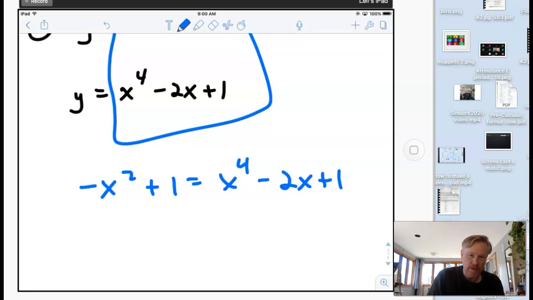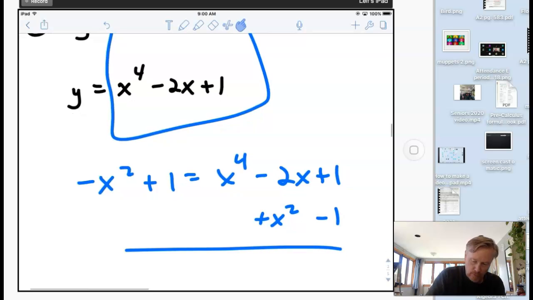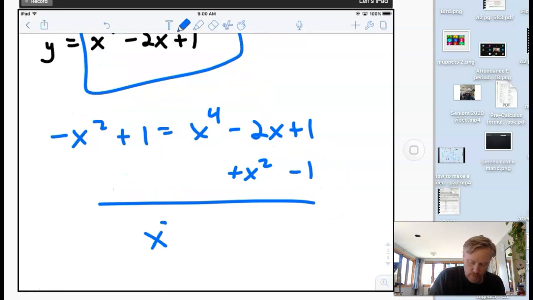And now I'm going to bring everything to one side and see how this goes. So I'm going to add x squared. I'm going to subtract 1. And what I get is x to the 4th plus x squared minus, I had a typo on this.